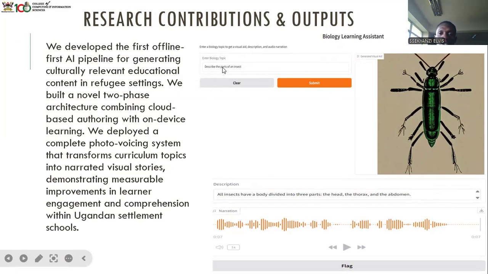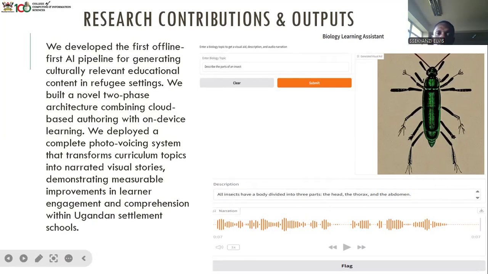Now you see this, the parts of an insect. So the model is able to just create an insect. So far that is what we have. And also there is an audio recording describing the structure of the insect. We will use descriptive text.